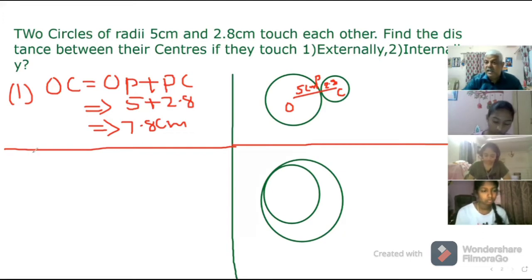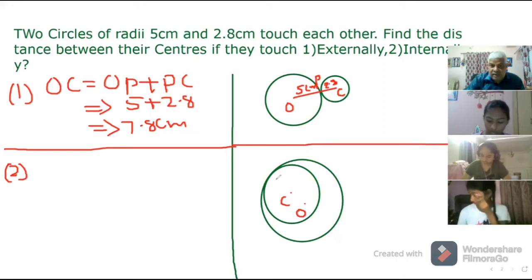Now, internal touching circles. What do you have to do in this case? First, observe how I take the diagram. O is the center of the greater circle. Next, C is the center of the smaller circle.